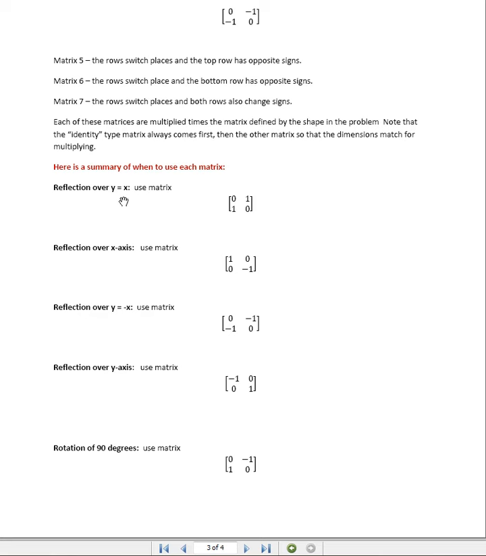If we want to take a shape like a triangle and reflect it over the line y equals x, then the resulting matrix would be multiplied by this. I'd take this matrix and multiply it times my matrix for my quadrilateral or my triangle or whatever it is that I am dealing with.